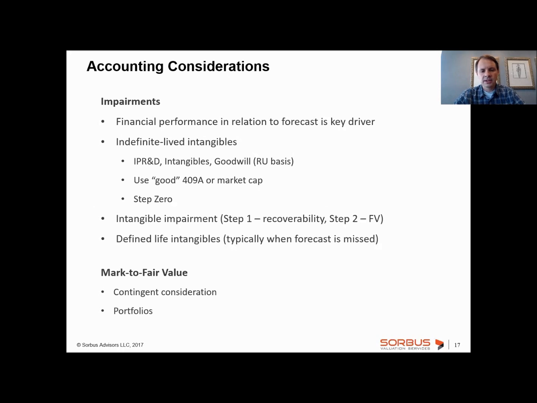And the third point, kind of a tip to have here, is that, again, going back to 498 evaluations, if you have a good substantive 498 report, then you can use it to support your goodwill impairment analysis. In other words, in the goodwill impairment analysis, you have to determine first the fair value of a company's equity and compare that fair value to the book value of the equity.